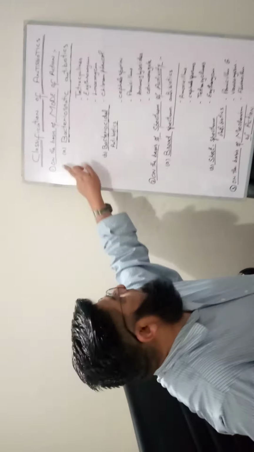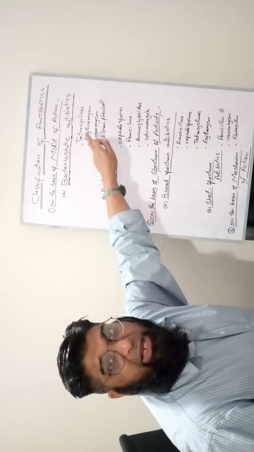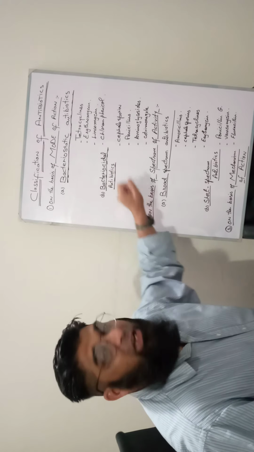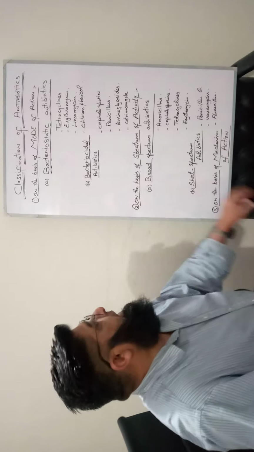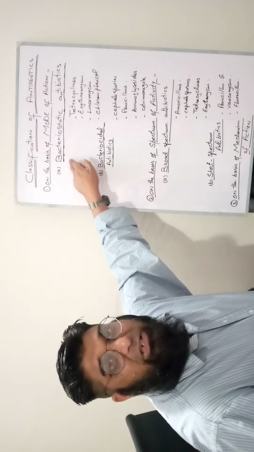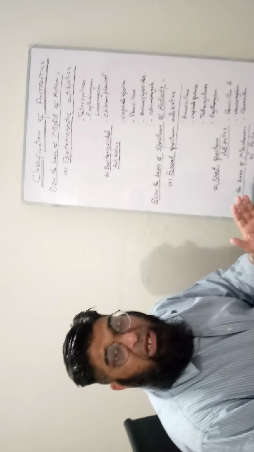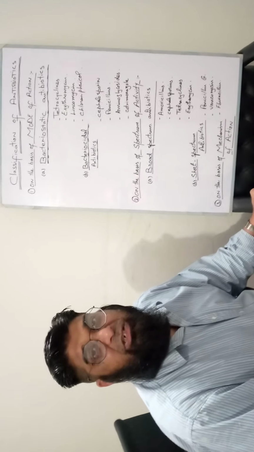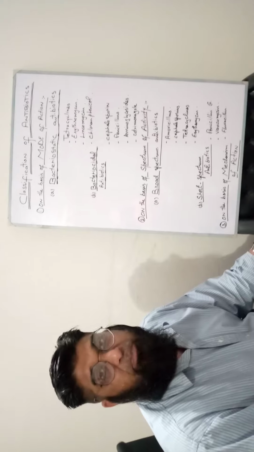Number one, on the basis of mode of action, antibiotics may be bacteriostatic antibiotics and bactericidal antibiotics. Students, bacteriostatic antibiotics are those antibiotics which stop the replication cycle of microorganisms, that is bacteria.